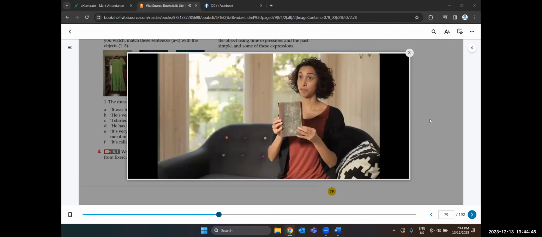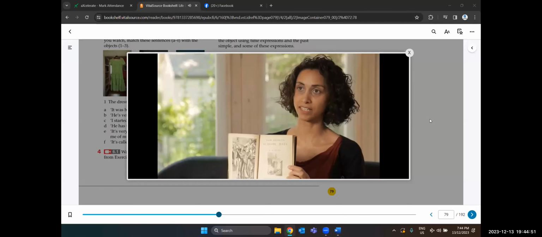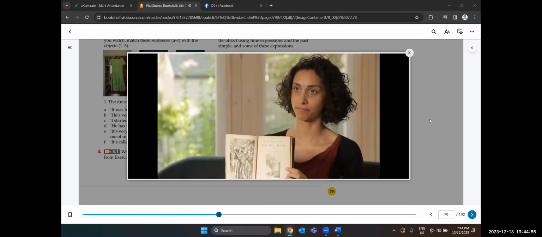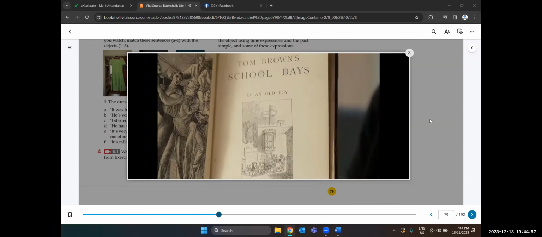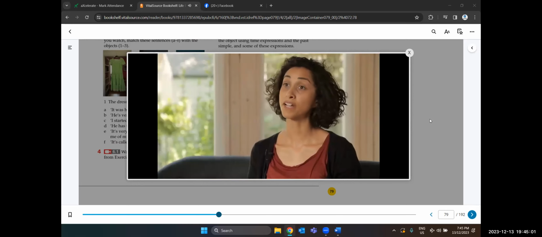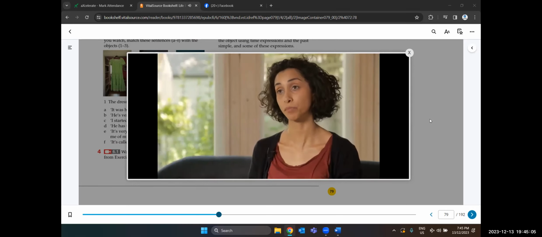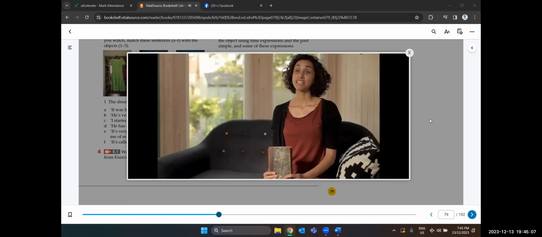This is a very special book. It's called Tom Brown's School Days. It was written in England in the 19th century, and it was my great-grandmother's. It was special for my great-grandmother because it belonged to her first husband. They were married in 1898, but he died in 1901.